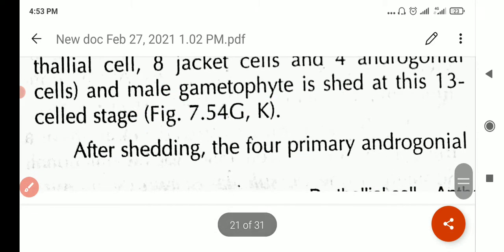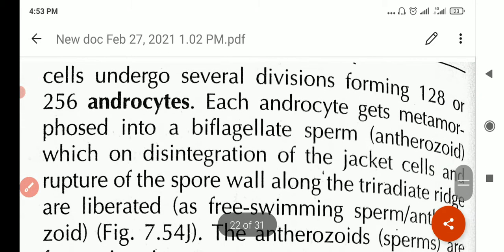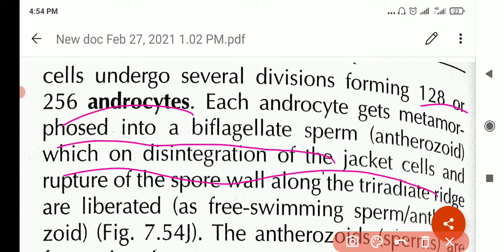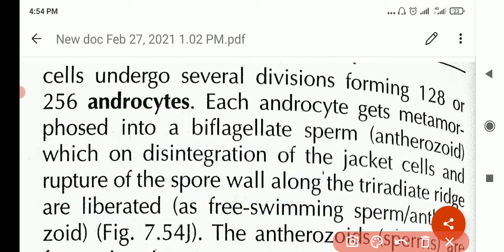After shedding, the 4 primary androgonial cells undergo several divisions, forming 128 or 256 androcytes. These will metamorphose into biflagellate sperms, which are liberated when the jacket cells disintegrate and the spore wall ruptures along the triradiate ridge.